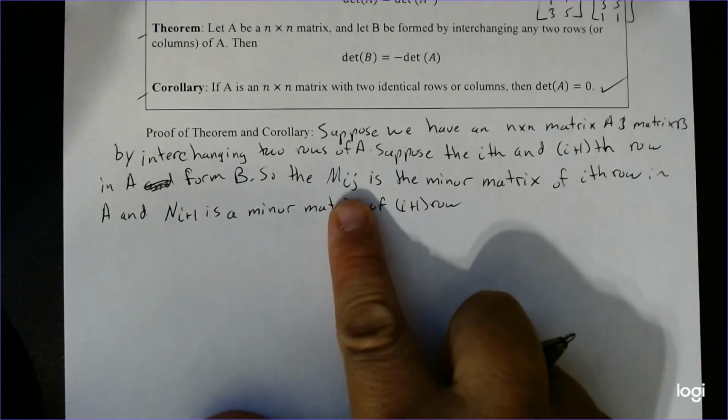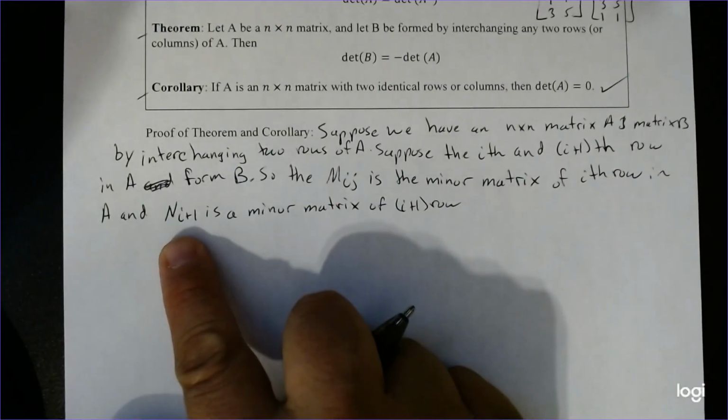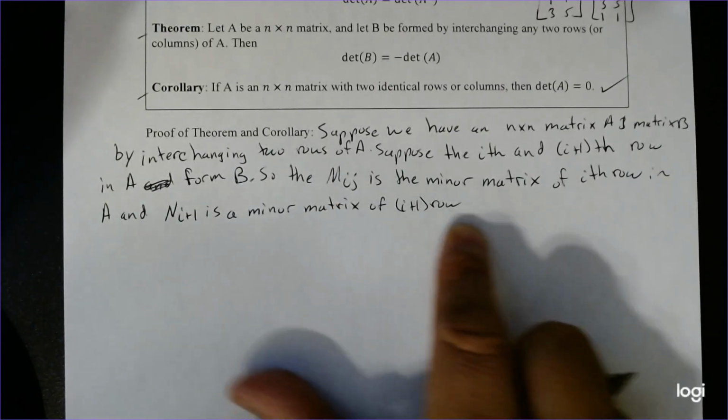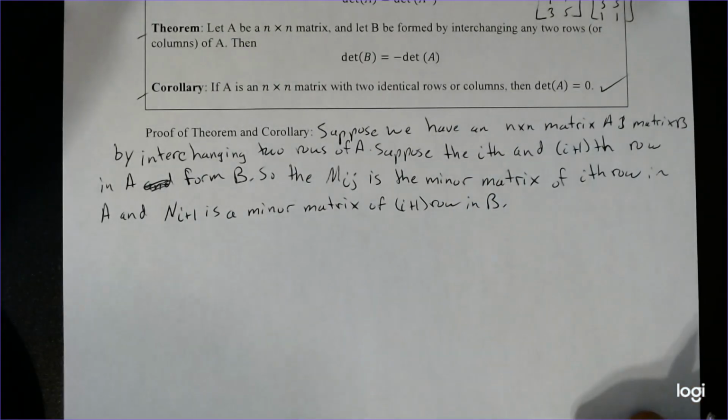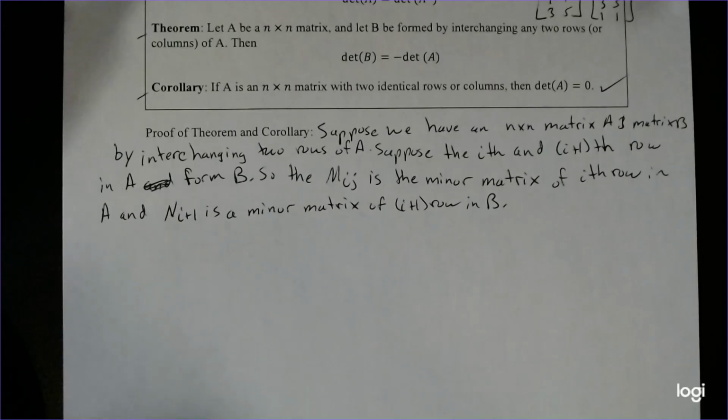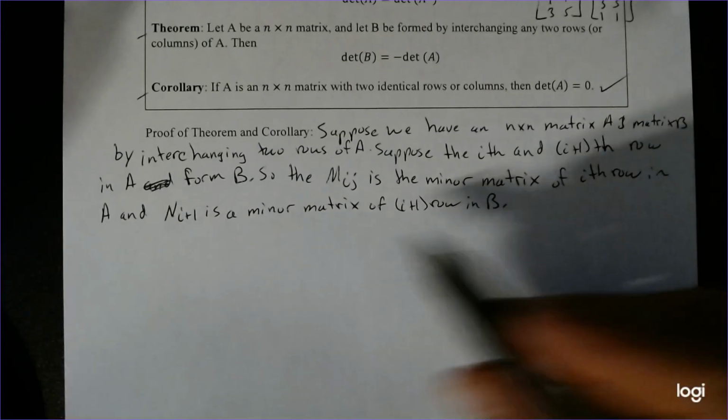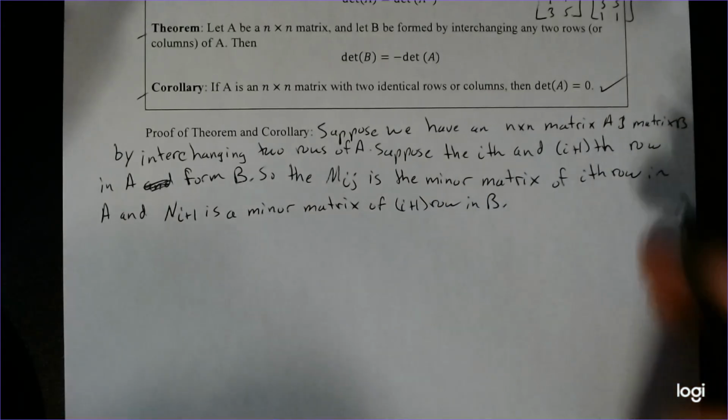This is the minor matrix of the ith component row in A, and this is the minor matrix of the ith component row in B. A little confusing where all the letters are, right? Okay, now we've got that down.